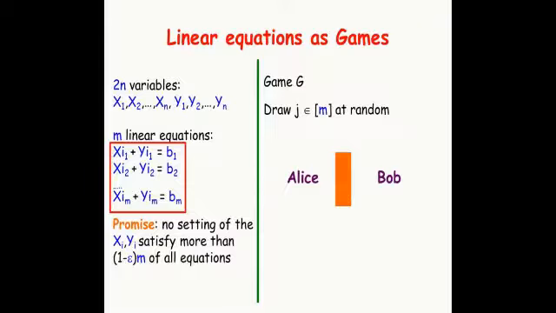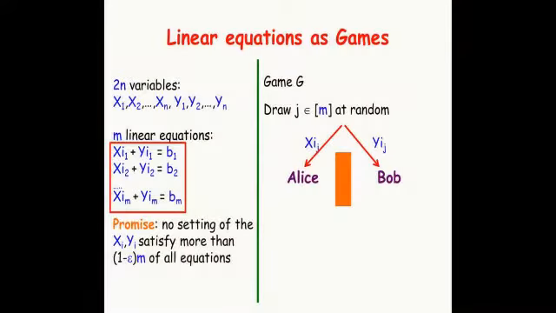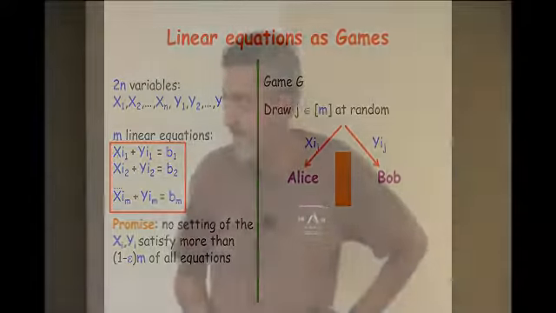I give the x variable to Alice and the y variable to Bob, with their names, and I ask them, what value will satisfy this equation? Now you see this wall. They can't talk to each other, so they don't really know which row I picked. They just know the name of the variable. Maybe it appears 20 times, so they don't know which one. They can coordinate a strategy ahead of time, but after that, they cannot talk to each other.